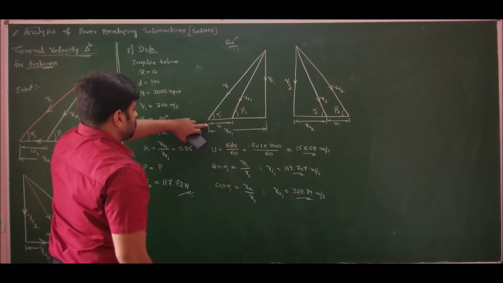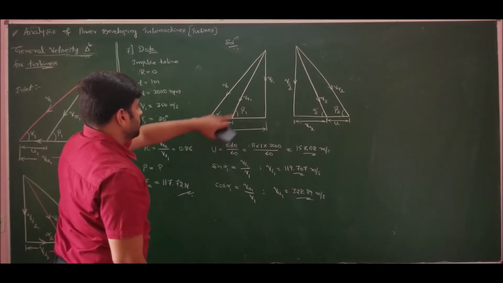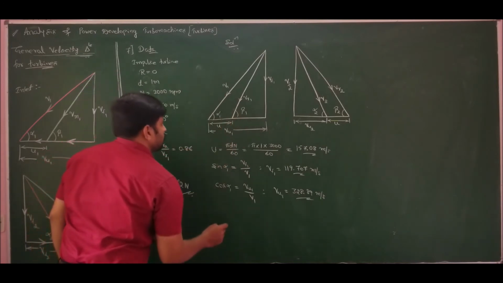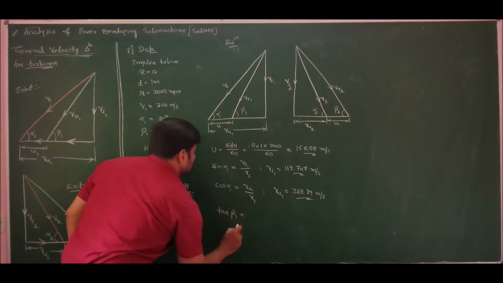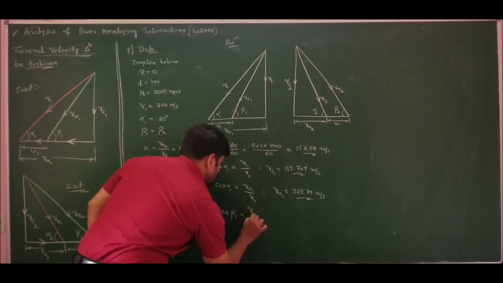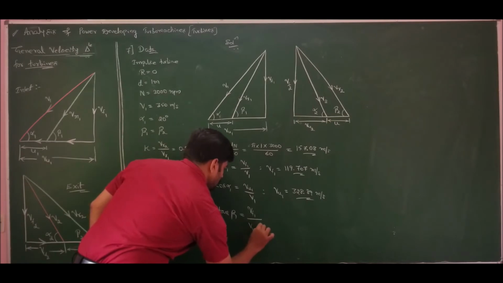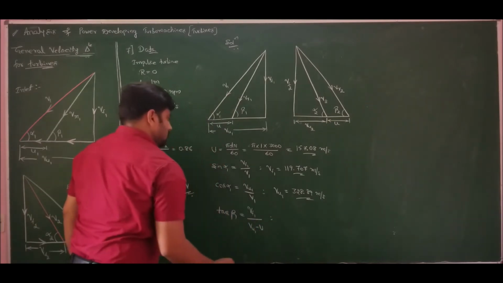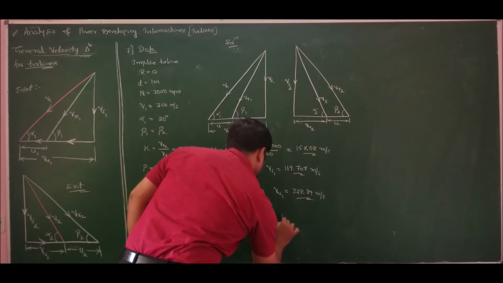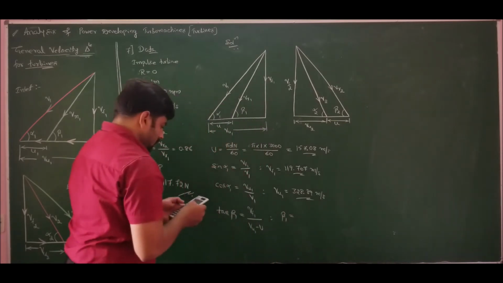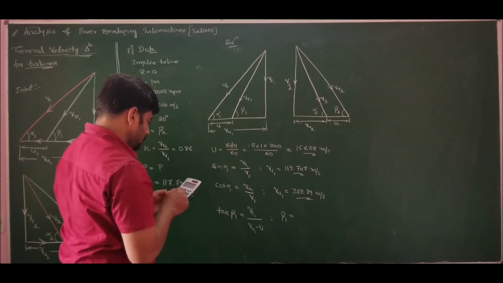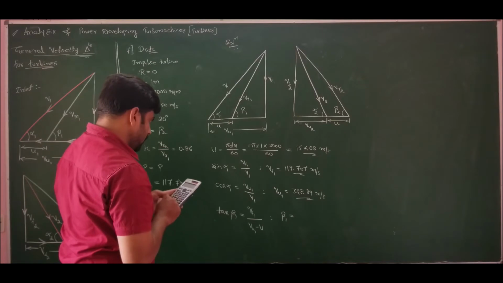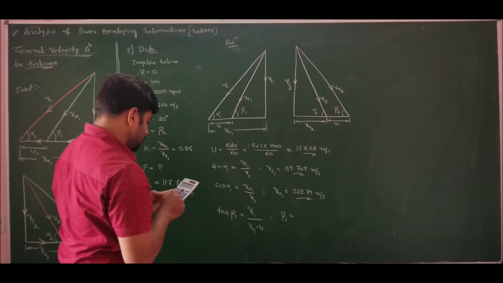We know U, Vu1 and Vf1, so I can find beta 1 using tan beta 1 is equal to Vf1 by Vu1 minus U. So beta 1 will be tan inverse of 119.707 divided by 328.89 minus 157.08.